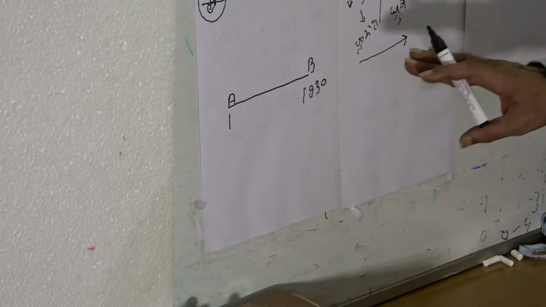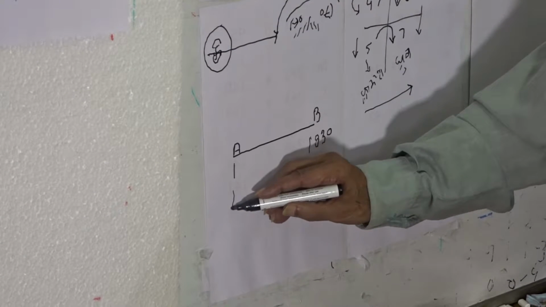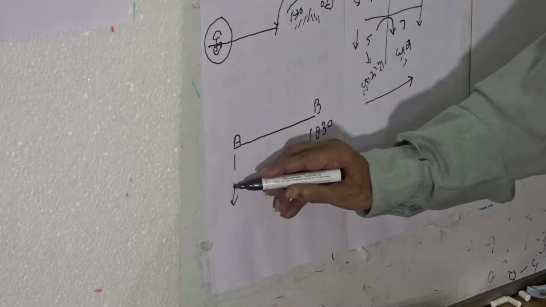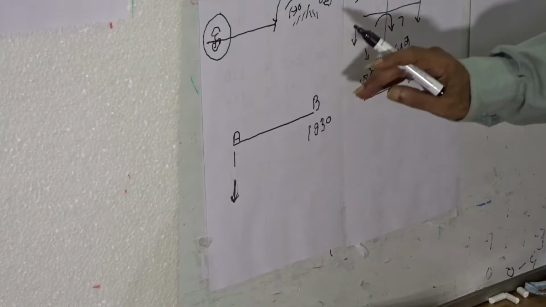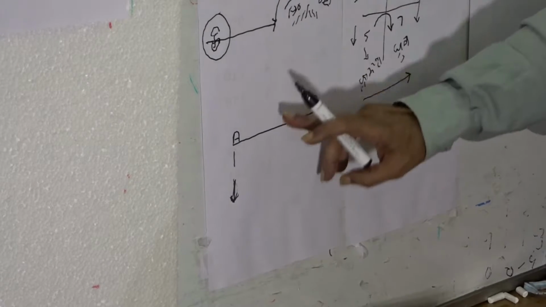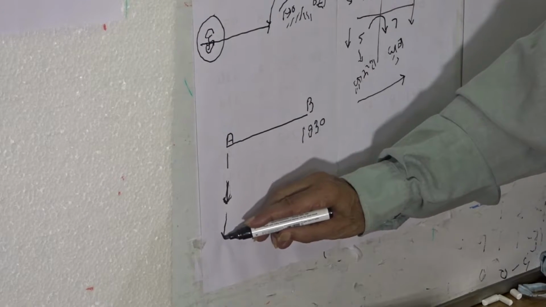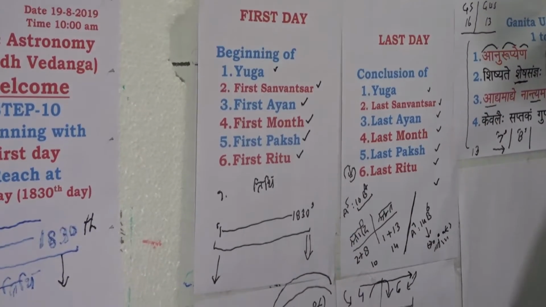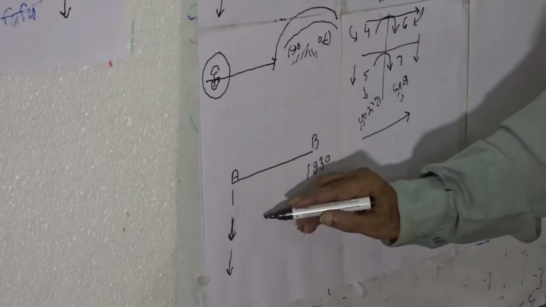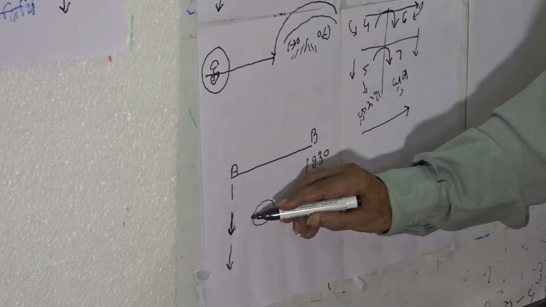For this coverage we know that we have to begin with a yuga. So the first date is going to be the beginning initiation of a yuga, and this date is also going to be the beginning of the first year, the first Sanvatsar itself. Each Sanvatsar or year is a pair of ions, a pair of hemispheres.